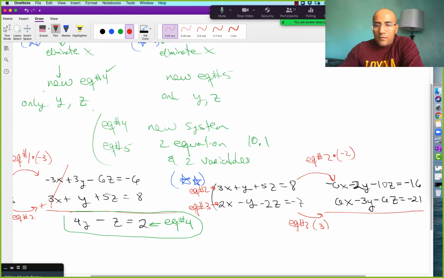Good. So now I can add them. Minus 3, minus 6, minus 21, minus 16, minus 10, minus 2. Okay, so then the x's cancel, and I'll end up with negative 5y minus 16z equals negative 37.